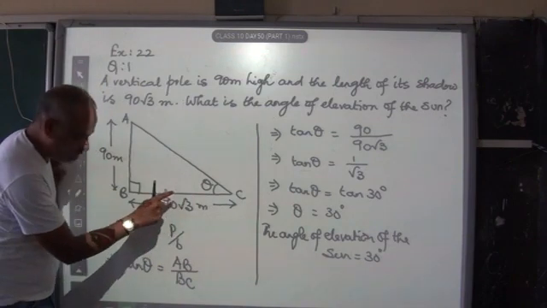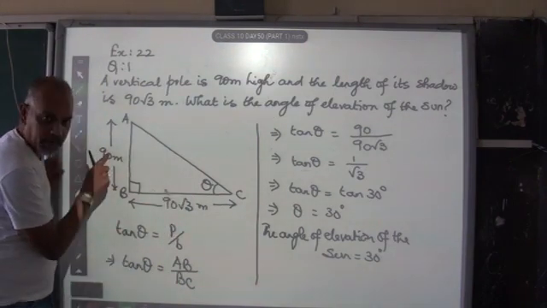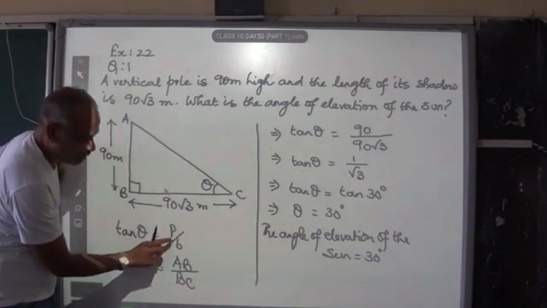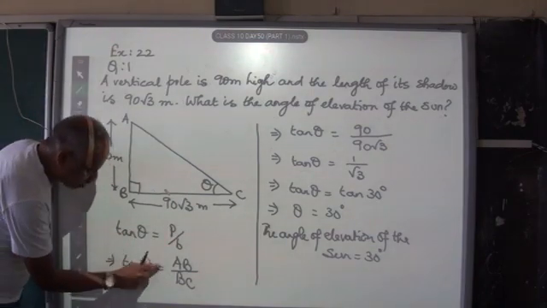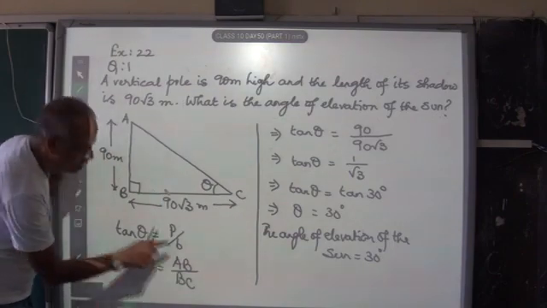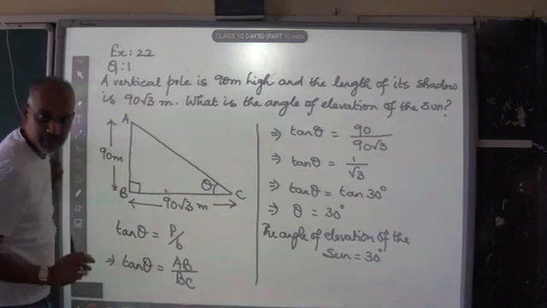So our calculation starts now. Tan theta, why I am using tan is because I know perpendicular and base. So tan theta is equal to perpendicular by base. So tan theta is equal to perpendicular, here is this one, that is AB, by base, BC, divided by BC.